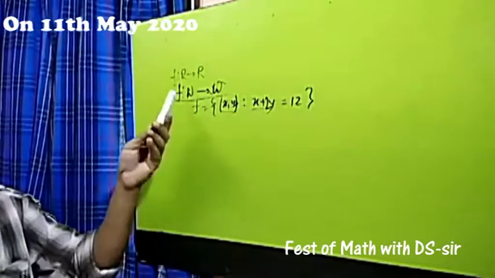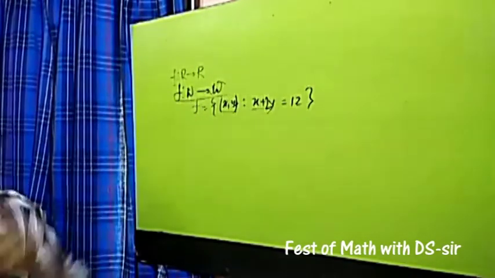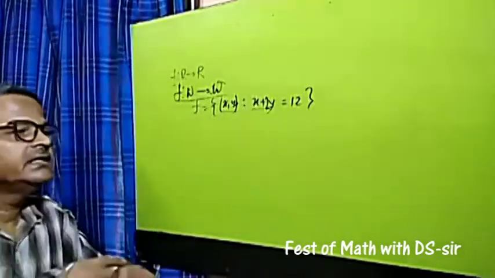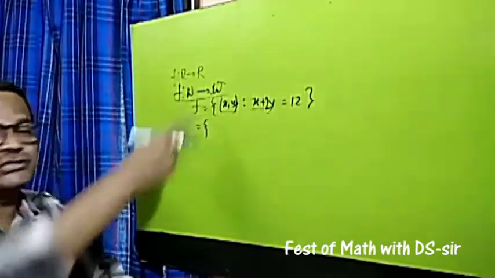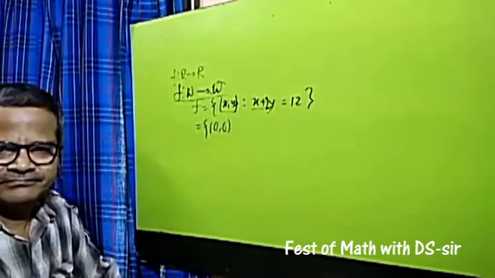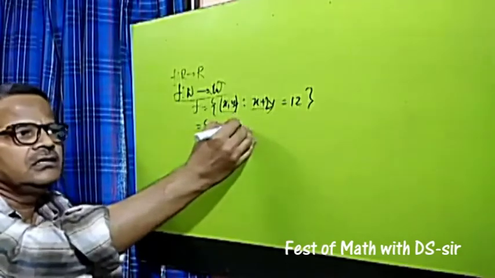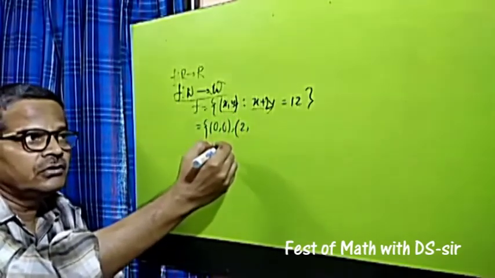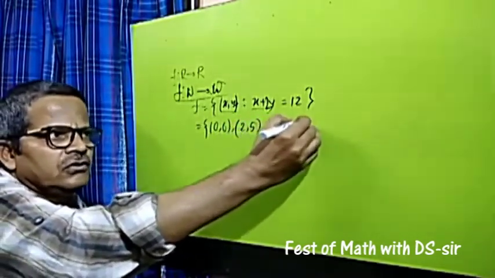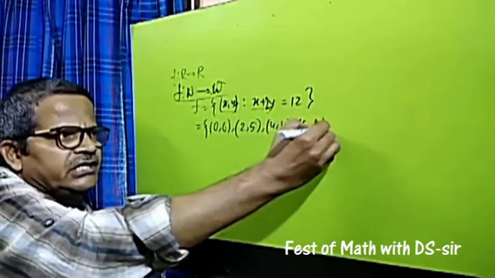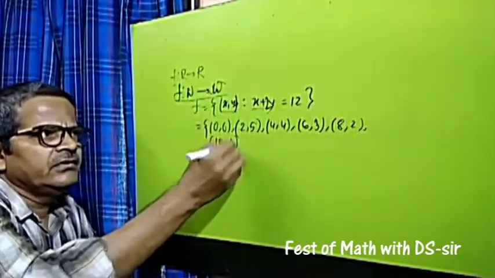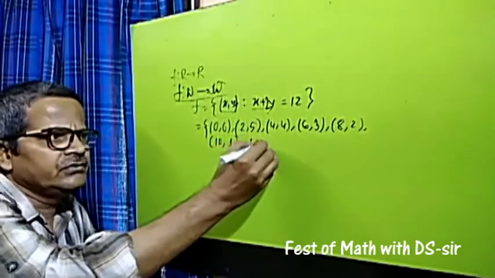Now if we change the set from N to W and we redefine the relation as x plus 2y is equal to 12, in that case, f will be, now 0 is included. So it starts with (0, 6), (2, 5), (4, 4), (6, 3), (8, 2), (10, 1) and (12, 0).